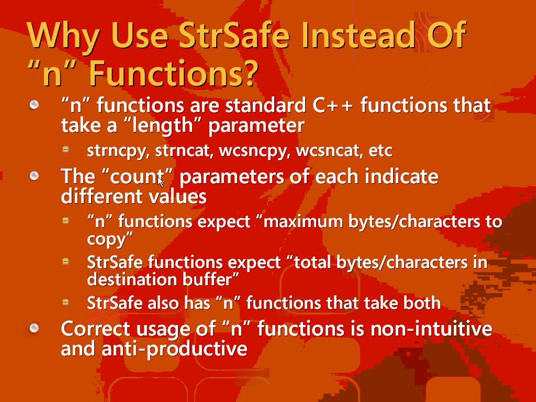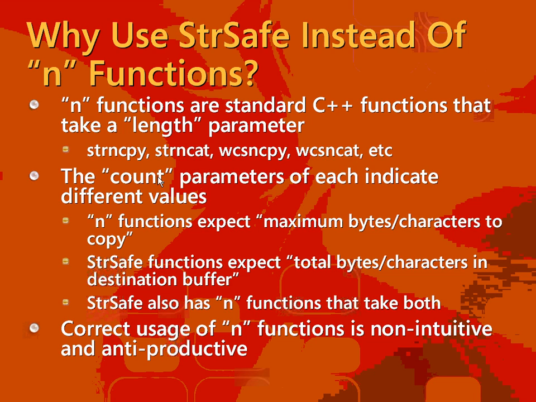In the n functions, such as strncpy, you're looking at the maximum bytes or characters to copy, whereas the StringSafe functions always expect the total number of bytes or characters in the destination buffer, depending on whether you're using the byte or the character methods.